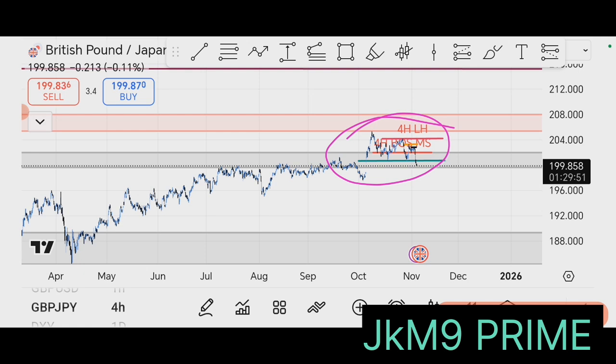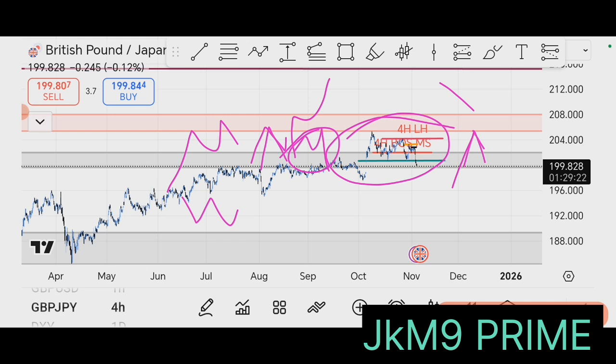As we all know, once price moves to the supply area or demand area, if there is further movement, price shows one small rejection, and only then will price decide to go up or down based on momentum and liquidity. Whenever price touches the supply area, it will show some rejection, and whenever it reaches the demand area, it will show some rejection. Based on that, now price is going to touch the supply area for the second time.